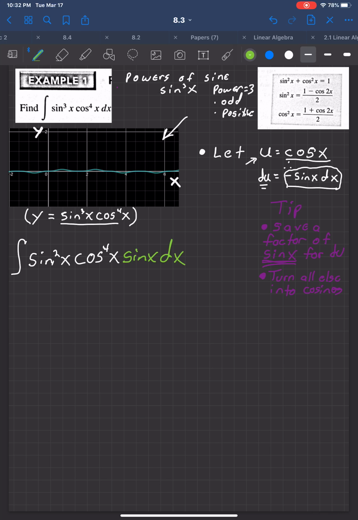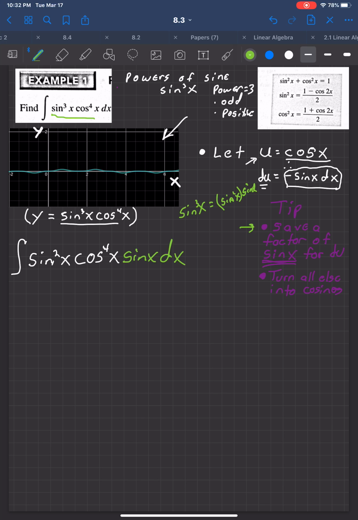So take a second and take that in. I took sine cubed and rewrote it as sine squared times sine.